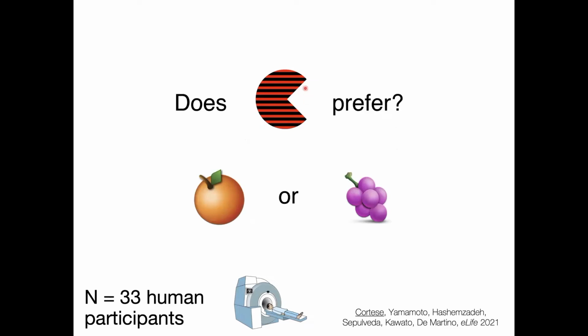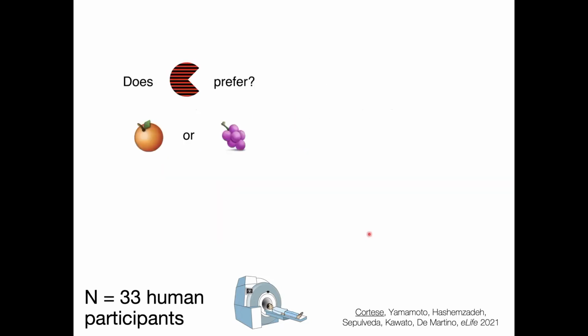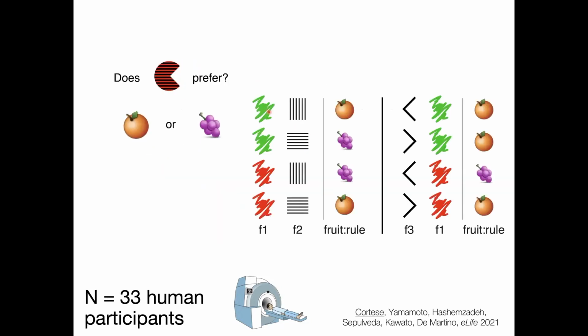The side of the mouth could be right or left, the color could be red or green, and the orientation could be horizontal or vertical. We asked participants to tell us whether these Pac-Mans preferred one fruit or the other. The task was set so that there were underlying latent rules that described this preference.